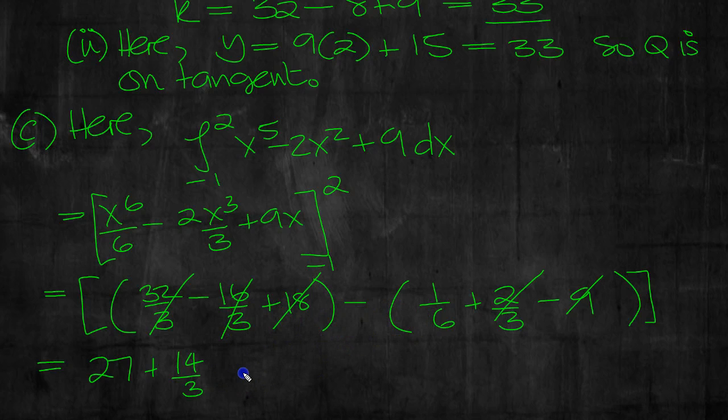We've got minus 1/6. So that's 27. 14 thirds is 28 sixths, and 28 sixths minus 1/6 is 27 sixths, which is equal to 4, 4 sixes are 24, and then 3 sixes, that's 31.5.